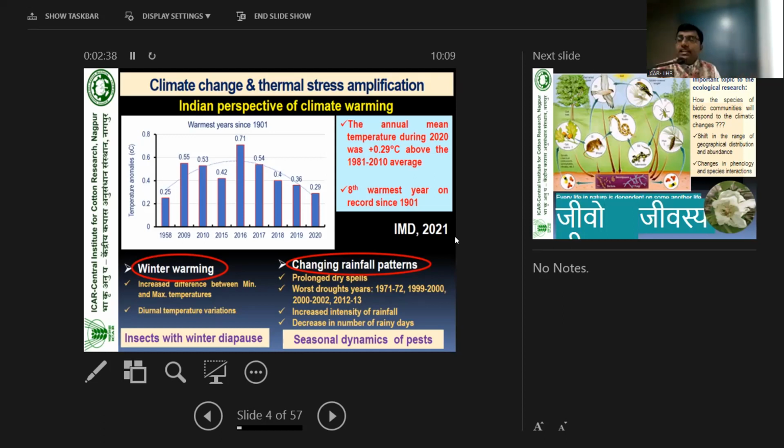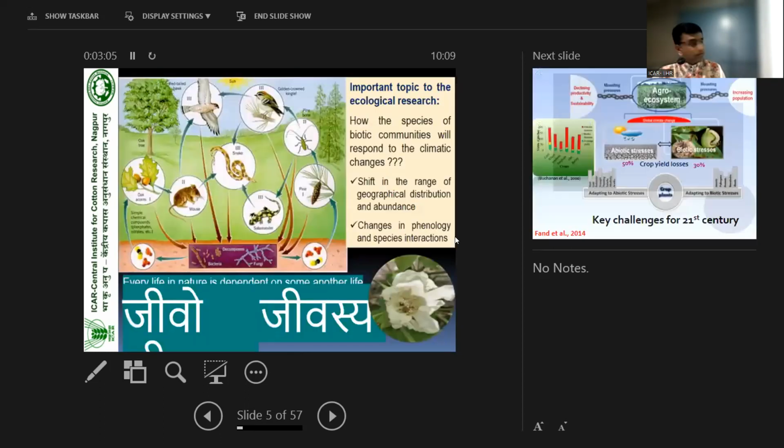There is increased intensity of rainfall, meaning in a small span of time there will be a huge amount of rainfall. Though the average rainfall of a particular region remains the same, the distribution is affected drastically. That's why there is a decrease in the number of rainy days and an increase in rainfall intensity, which has implications for the seasonal dynamics of pests. You know very well how rainfall is affecting them. That's why we need to study climate change impacts.